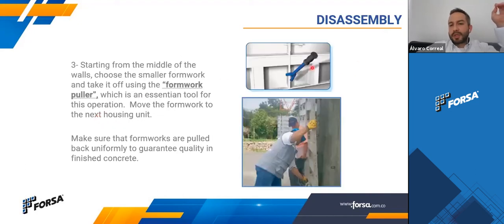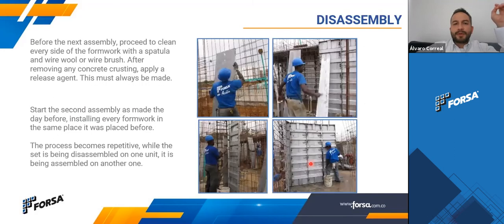Then you start using the formwork puller to remove the forms, as you can see in this picture. And then the process is repeated again and again. You remove a form, you clean it, you apply release agent over it, and then you put it into the same location, but the next apartment or next house.